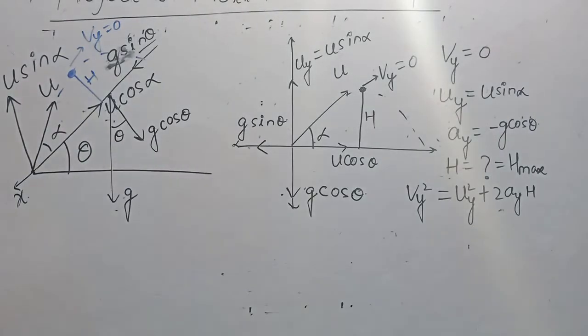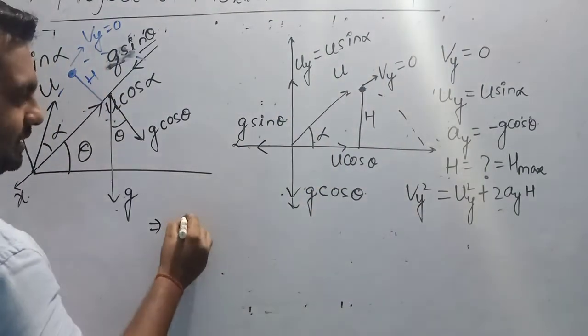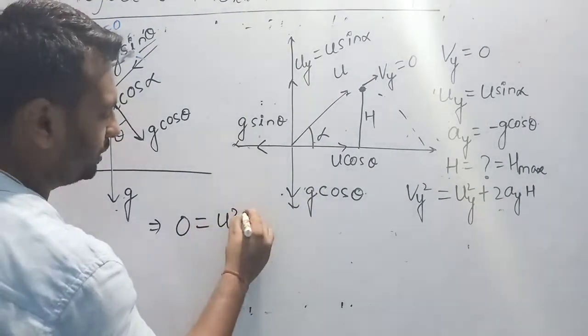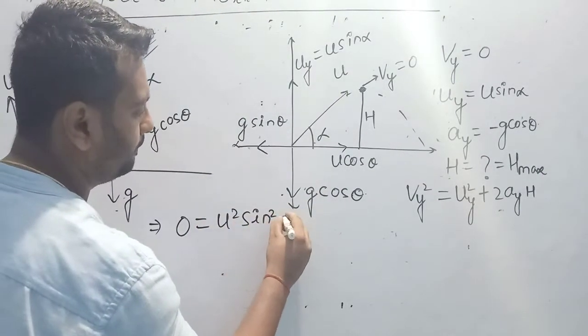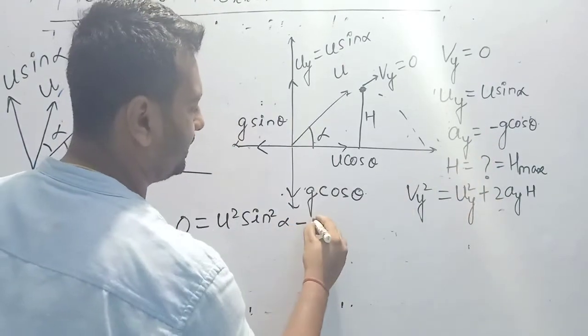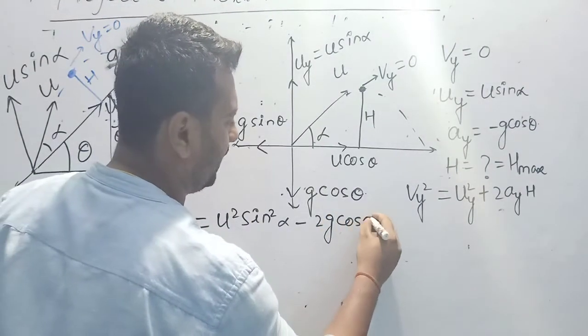we can calculate. So by putting the values, we get 0 is equal to, what is the value of uy? u square sin square alpha minus 2g cos theta into h.